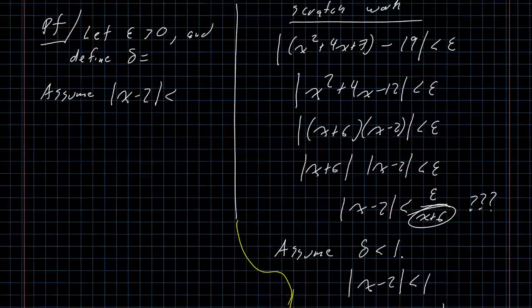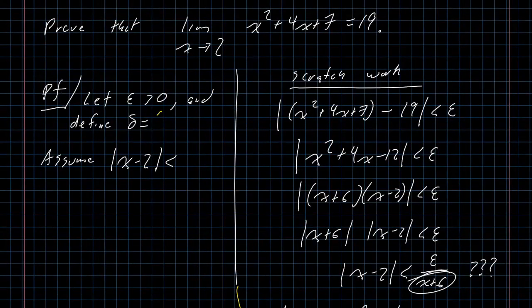So I take that value of delta, I come way back over here. I set delta equal epsilon over 7. Although that doesn't quite work because I did make another assumption. All right, well, we can fix that.